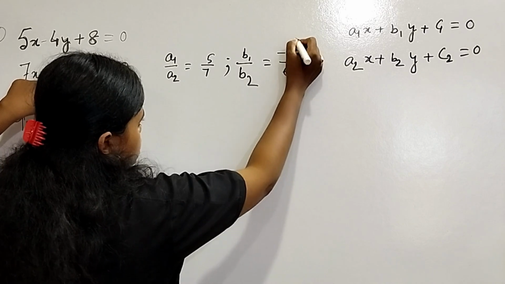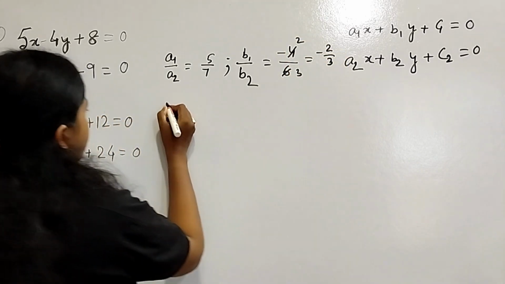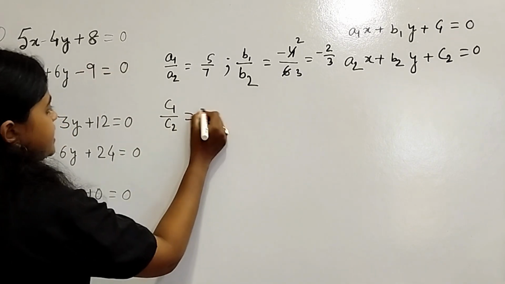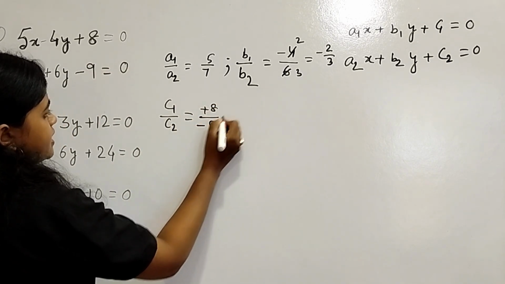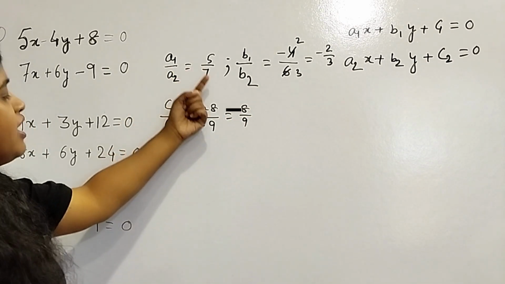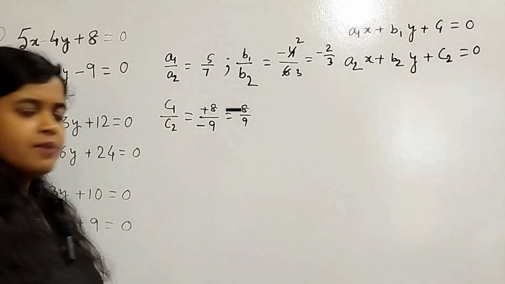If we cancel, 2 2s are 4, 2 3s are 6, we get minus 2 by 3. And C1 by C2 is plus 8 by minus 9, that is minus 8 by 9. So here A1 by A2 is 5 by 7, B1 by B2 is minus 2 by 3 and C1 by C2 is minus 8 by 9.